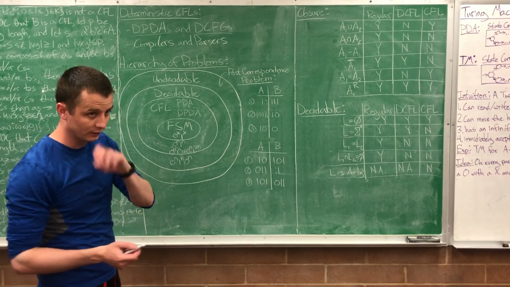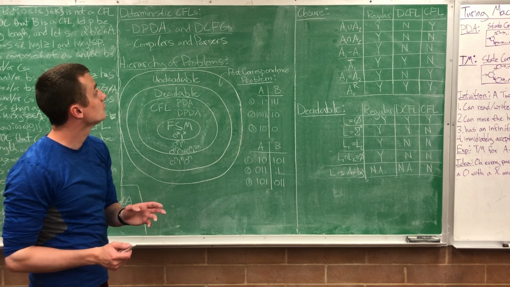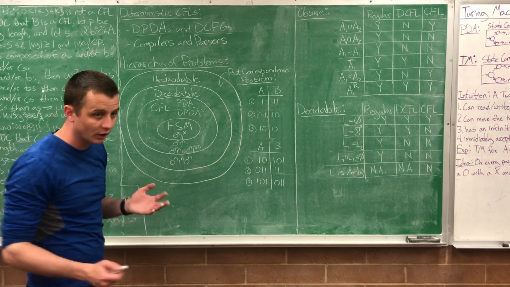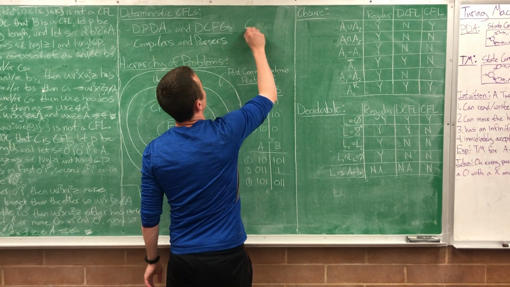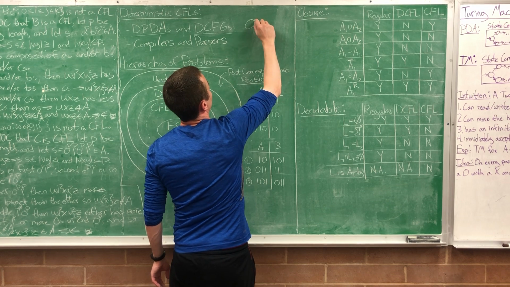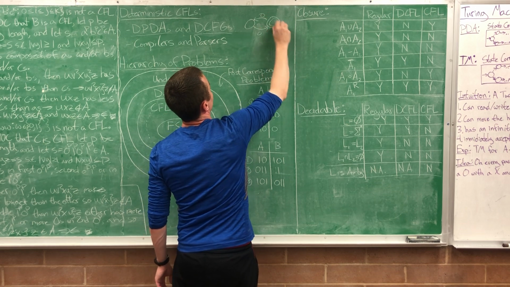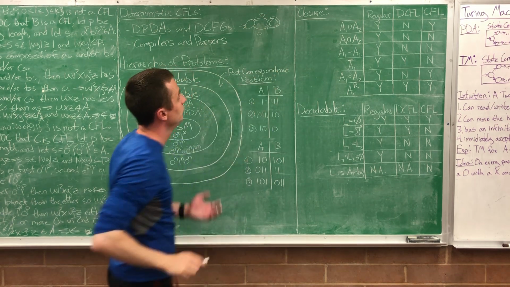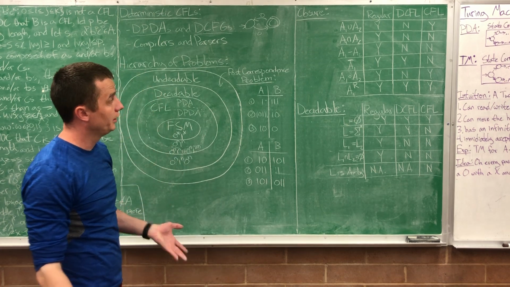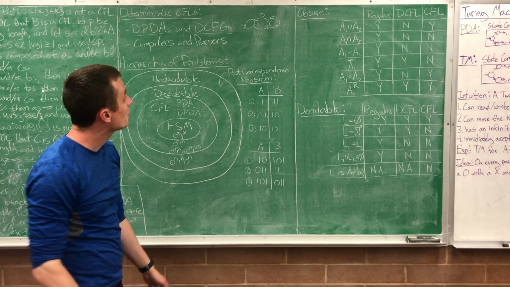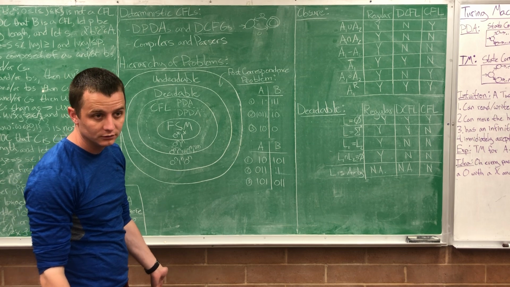A DFA, a deterministic finite automaton, give you a simple example of it. It would be something like this. We'll say 0, 0. Here's the accept state, here's the start state. Keep it simple. It accepts an odd number of zeros. There's no choice in the matter.